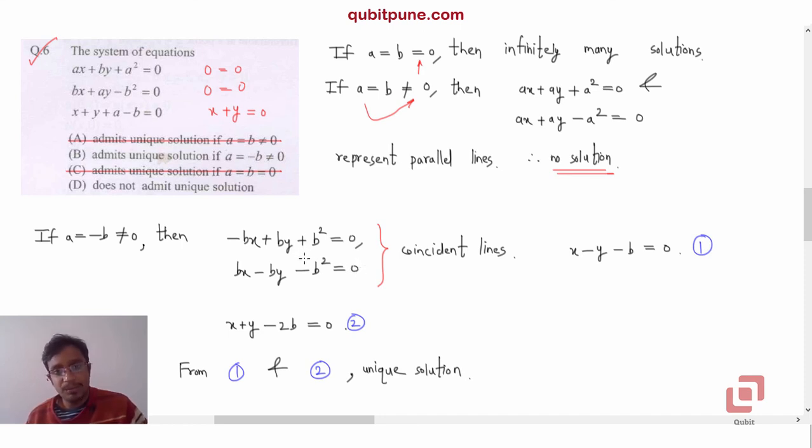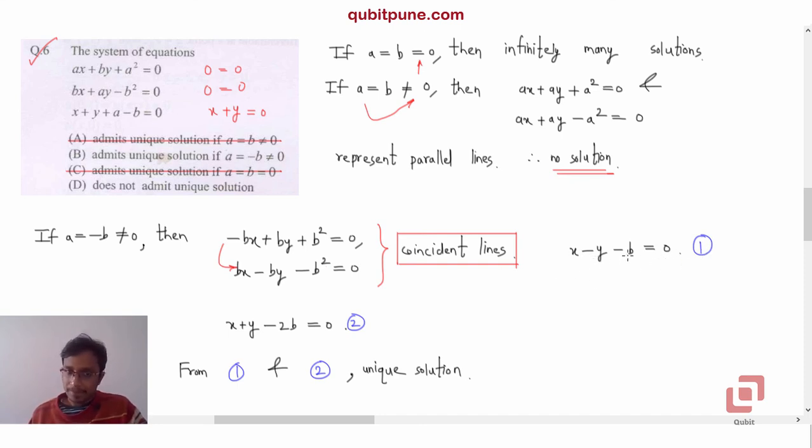So these two equations basically represent coincident lines. Why? Because if I multiply the first equation by negative 1, I get the second. Hence coincident lines. And because both a and b are not equal to 0, I can divide by b. Let's say I divide the second equation by b, which gives me x minus y minus b equal to 0.